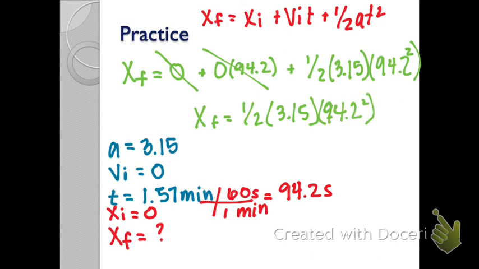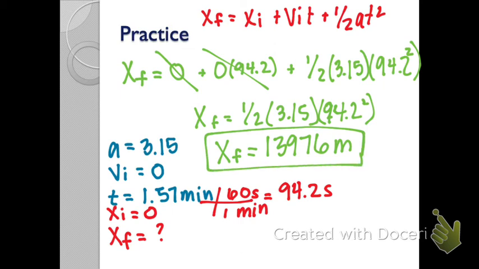Let's go ahead and plug that into our calculator. 94.2 squared times 3.15 times 0.5, and that gives me an X final of a lot of meters. I'm just going to round it to a whole number here. For the 1/2, do you write it as a fraction? I write it out as 1/2, but in my calculator I do 0.5.